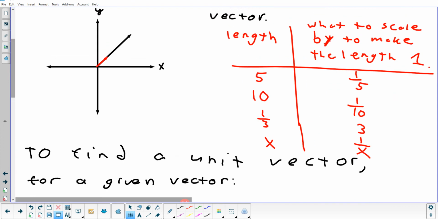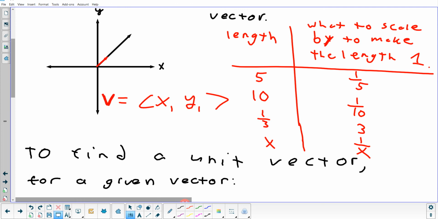So, to find a unit vector, if you're given a vector, you're basically going to do this. Let's call this vector v.